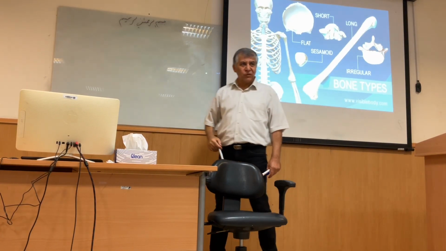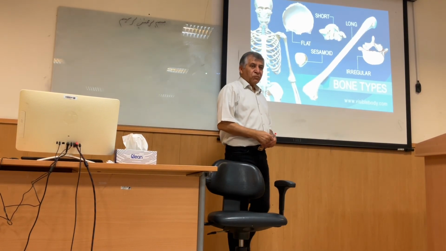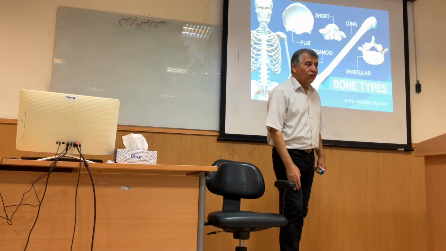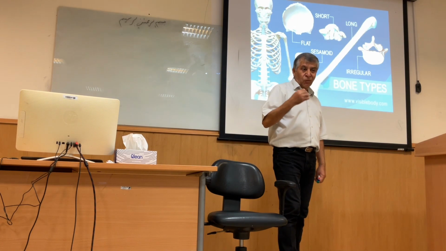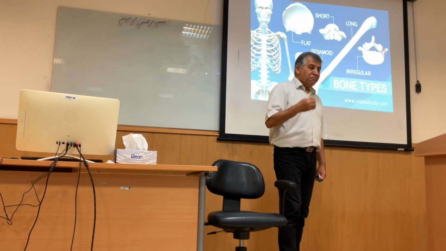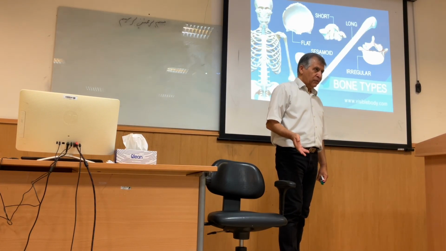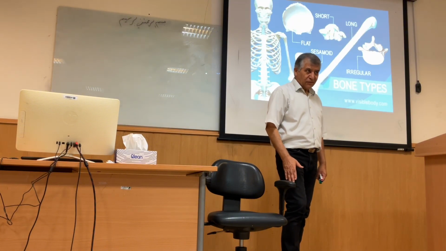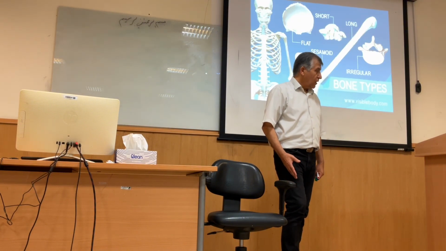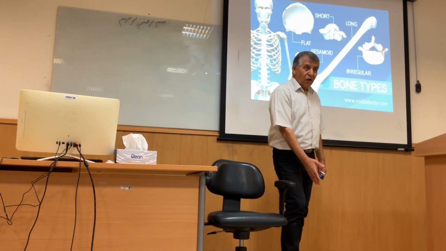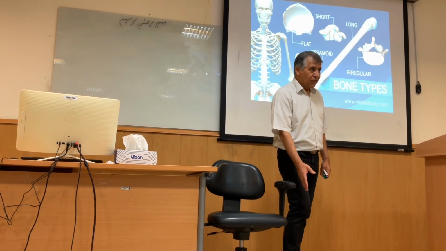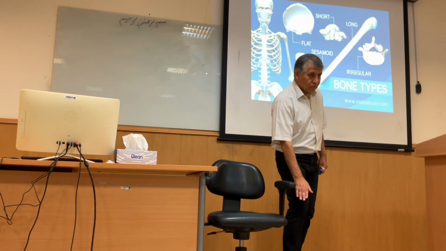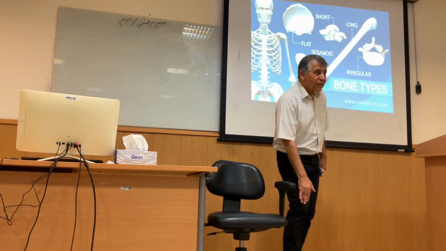What is a sesamoid bone? The sesamoid bone is a bone in the thickness of a tendon. The function of the sesamoid bone is to change the direction of the tendon. The tendon of the quadriceps is directed toward the median, so for regulating this direction laterally, you have a sesamoid bone.